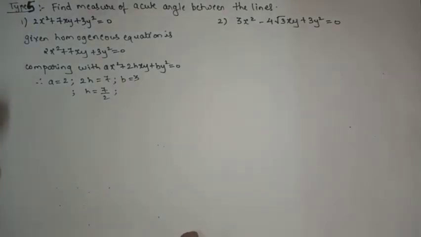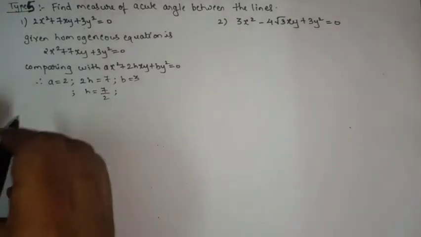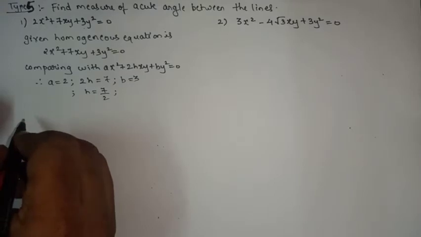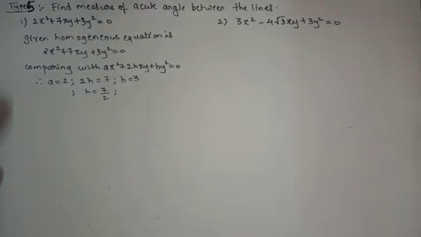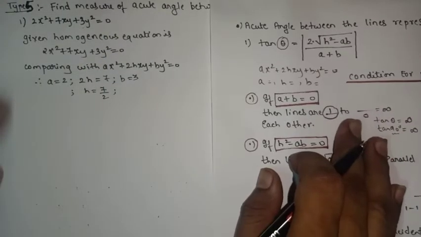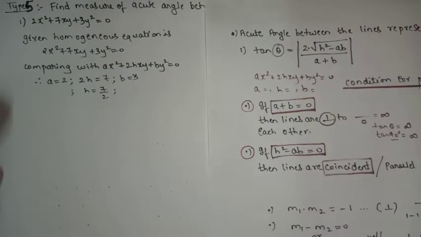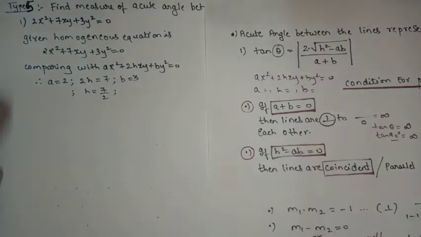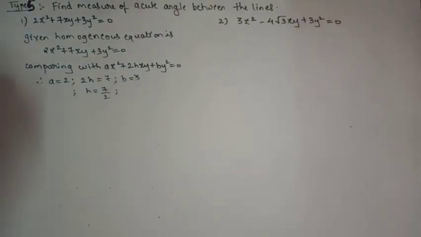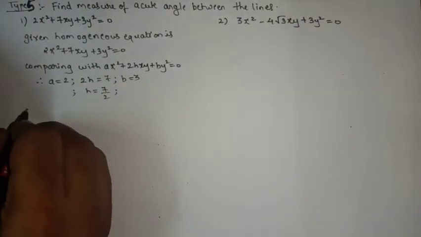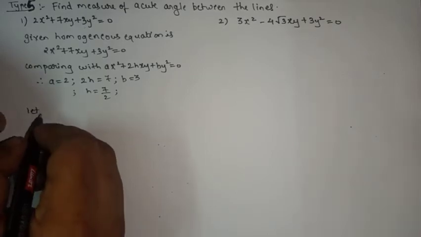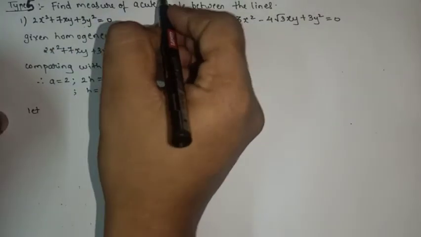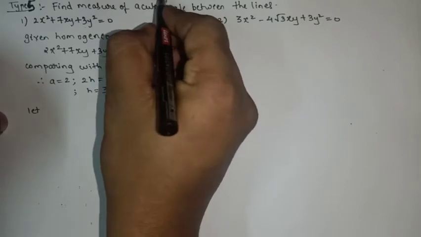Okay, after this we'll apply the formula, that is tan theta. Which one? The first formula, yes or no? As we have the values of a, h and b. Before that, you will write this step: as we don't know theta, and we have to find the measure of acute angle, we'll take the acute angle as theta.